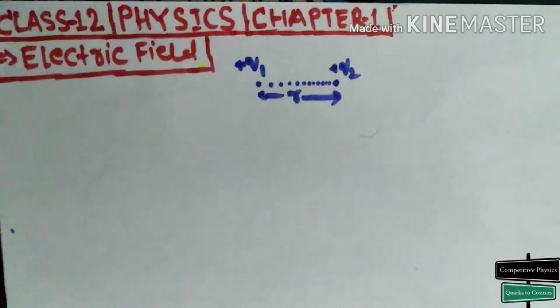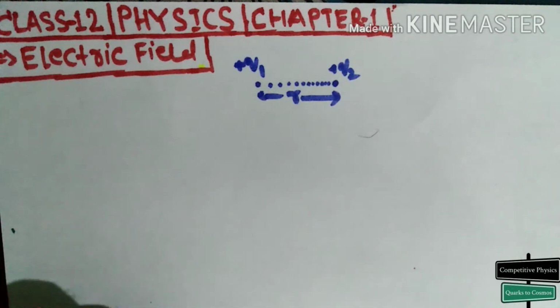That is, since the particles do not touch, how can particle 2 push on particle 1? How can there be such an action at a distance? This action at a distance force can be explained by using the concepts of electric field. So today we will discuss the concept of electric field.